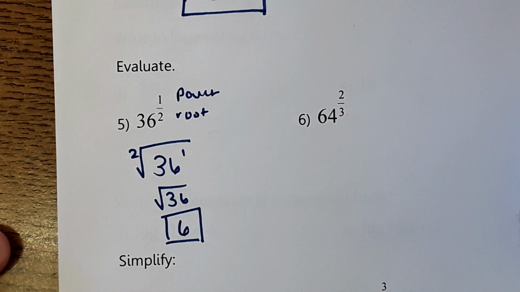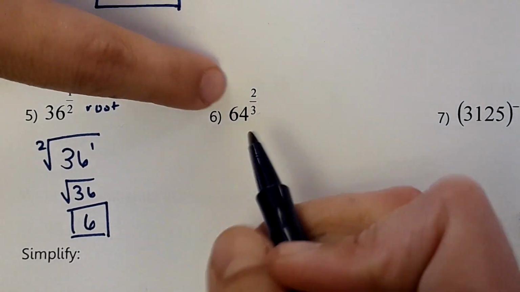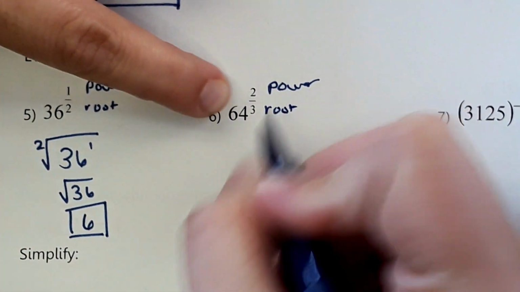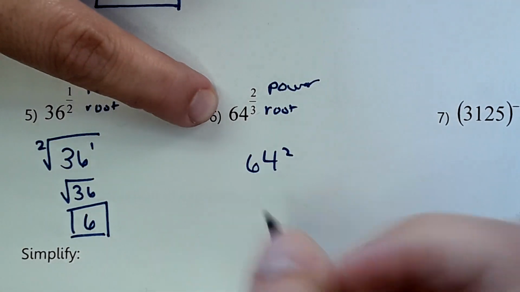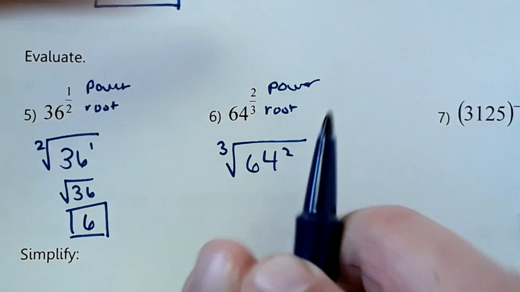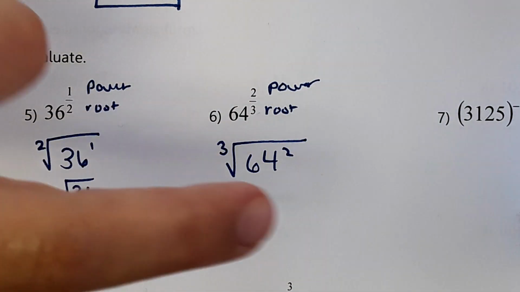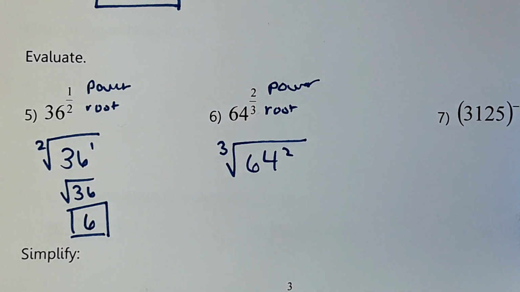Okay, number 6, 64 to the 2/3 power. Again, power over root. So this would be 64 squared, cubed root. So here we would do 64 squared in a calculator.